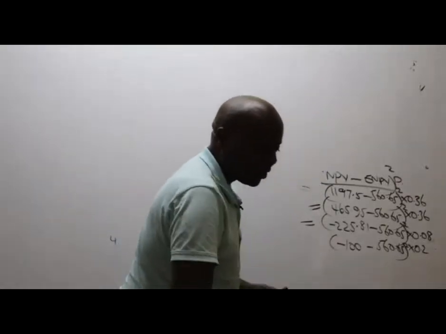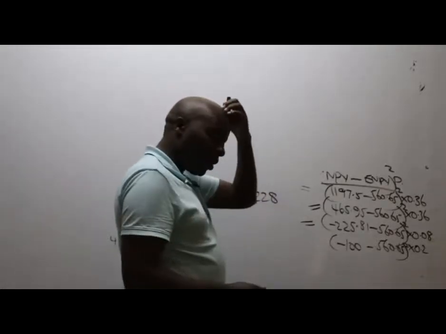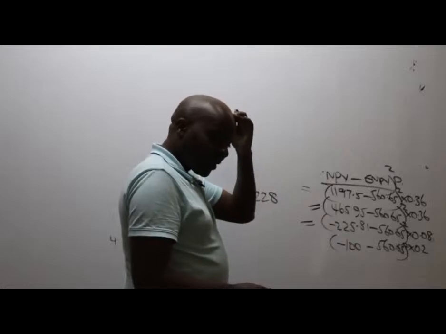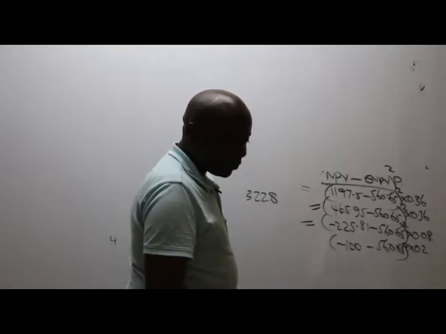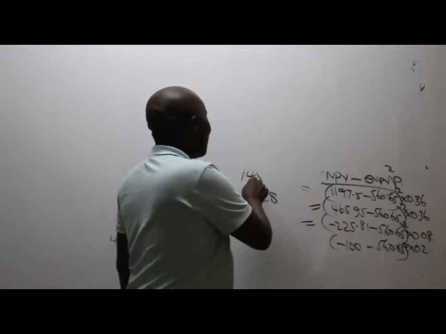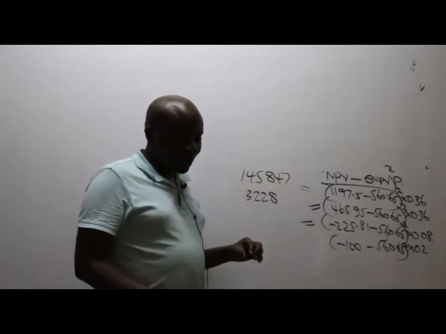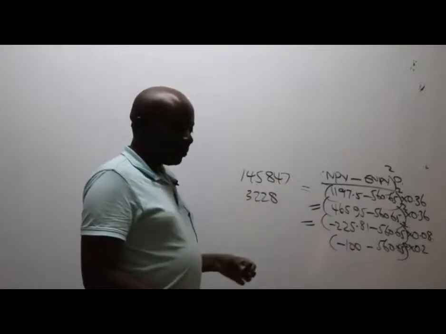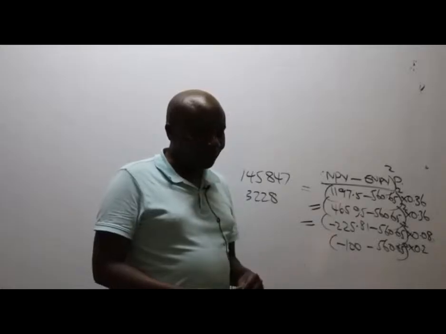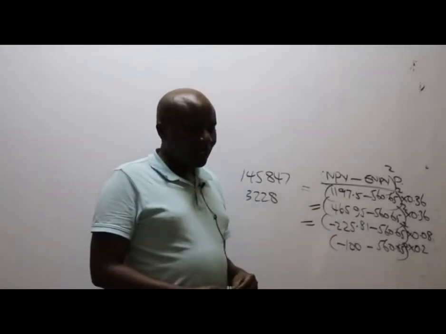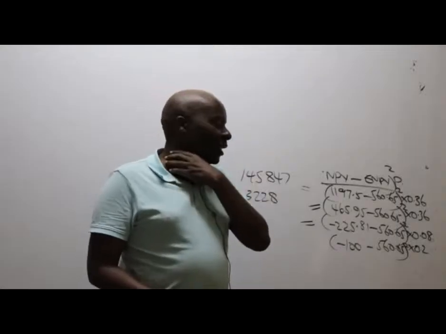The second one is 32.28. The first one is 145,847. Let's not fight. Those are rounding off errors, because I'm aware some of you never used 560.65 there. Let's just work with whatever figure you have. We are children of the same mother.